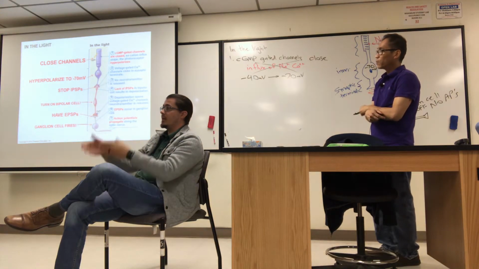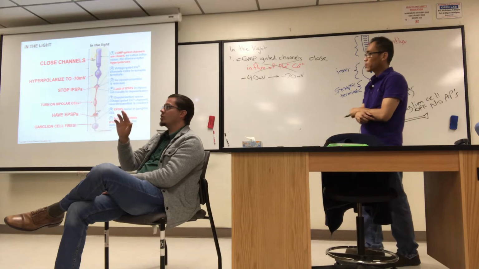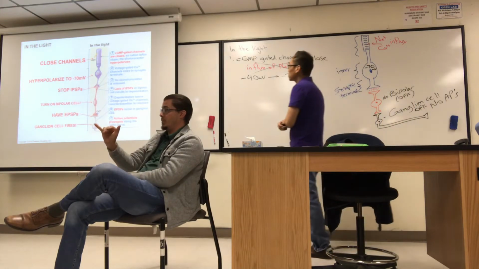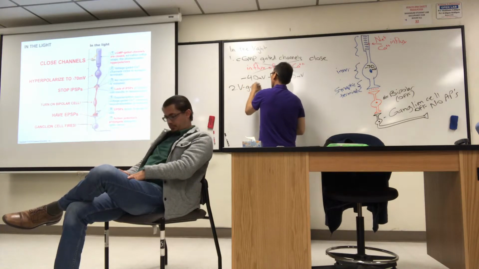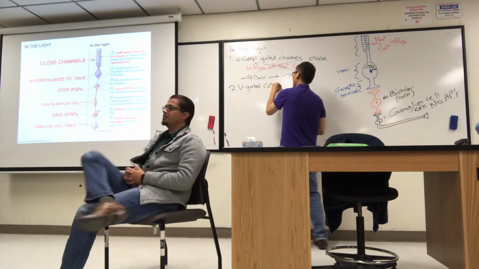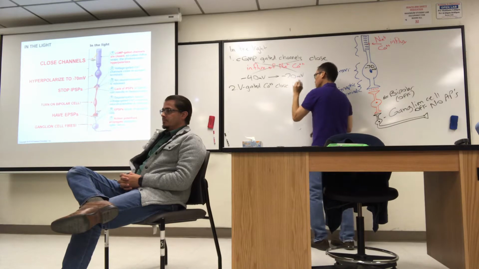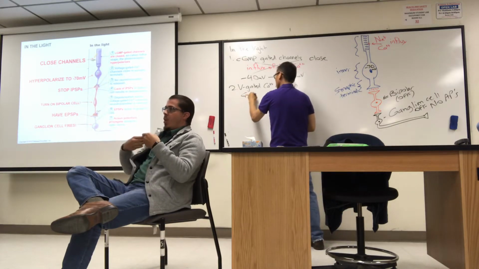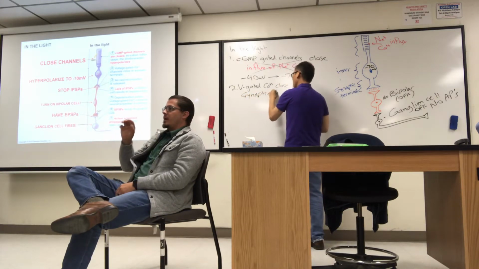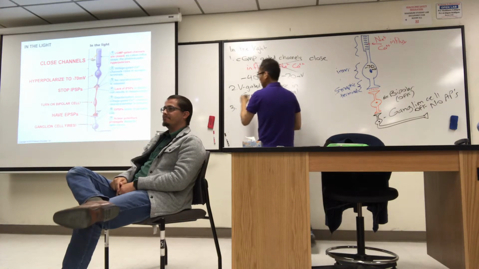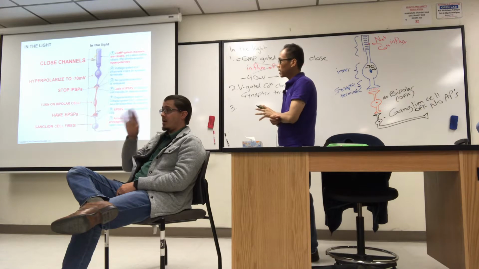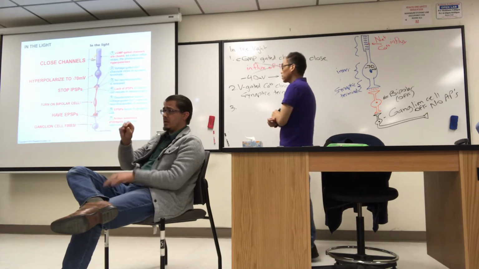Step 2, the voltage gated channels in the synaptic terminal, they close. With that, basically, you're going to stop releasing the neurotransmitters.